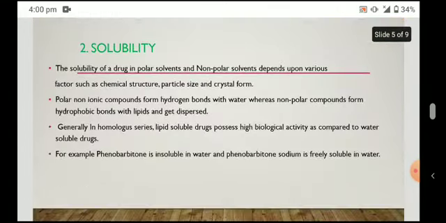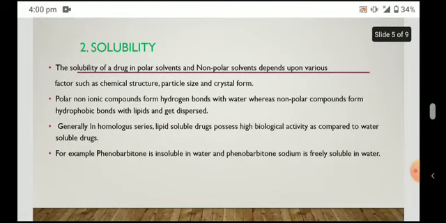Now the next parameter is solubility. The solubility of a drug in polar and non-polar solvents depends upon various factors like chemical structure, particle size, and crystal form. Polar non-ionic compounds form hydrogen bonds with water, whereas non-polar compounds form hydrophobic bonds with the lipid and get dispersed.